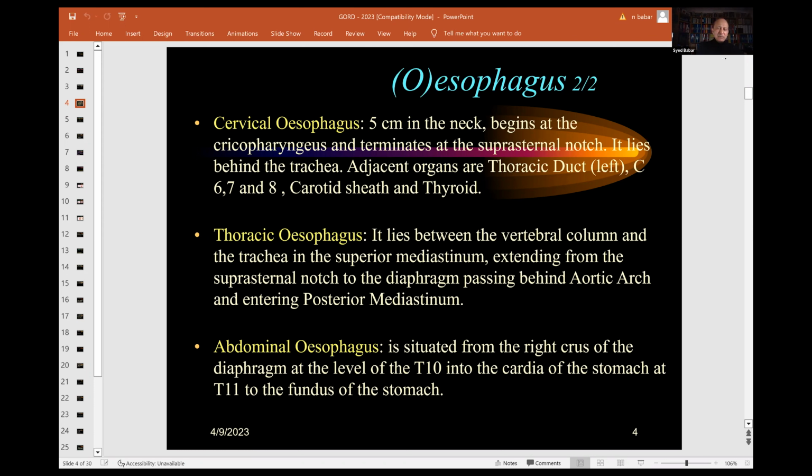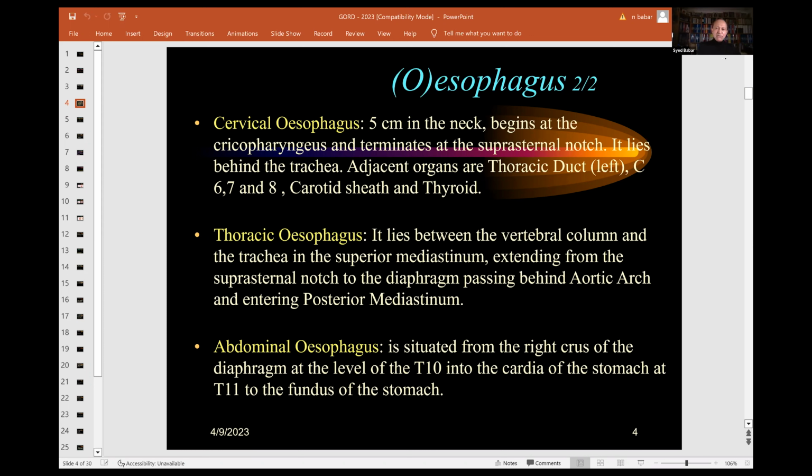And then it lies behind the trachea, and the nearby relevant organs are the thoracic duct on the left side and the carotids, as well as the cervical spine, which is 6, 7, and 8, there is thyroid closely applied as well.